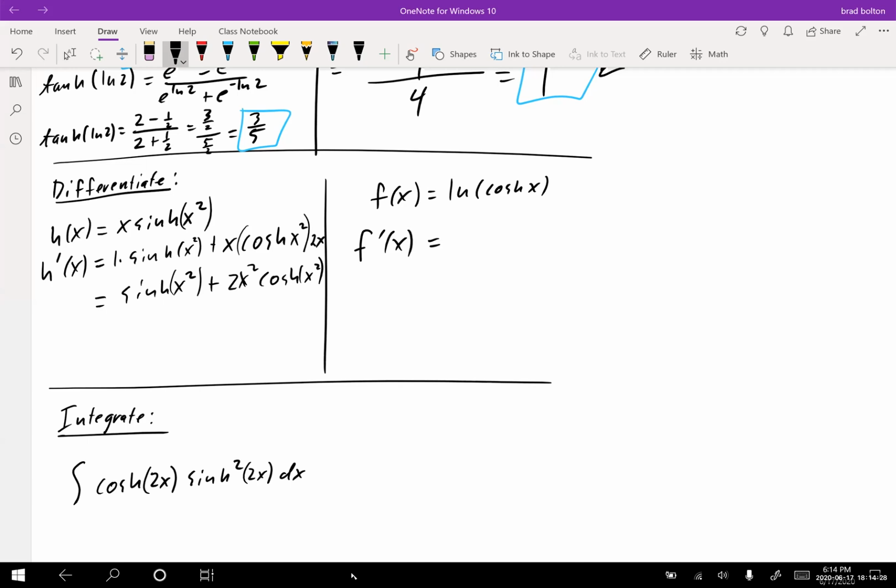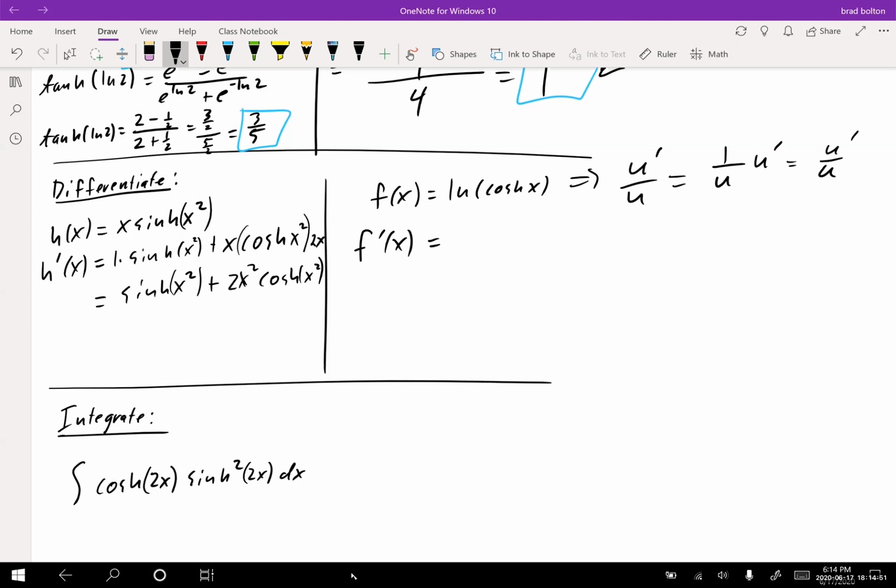So f prime of x is equal to, now we have to do u prime over u. We're going to use our little technique for this. If you had another instructor, your instructor would have told you to do it this way, you know, 1 over u times u prime, but that's really u prime over u. So I just write it like that, okay?